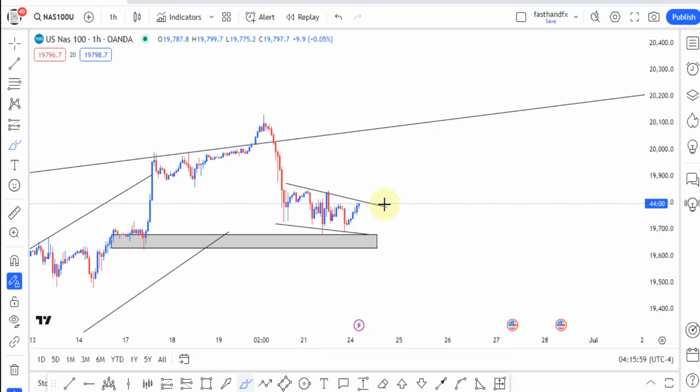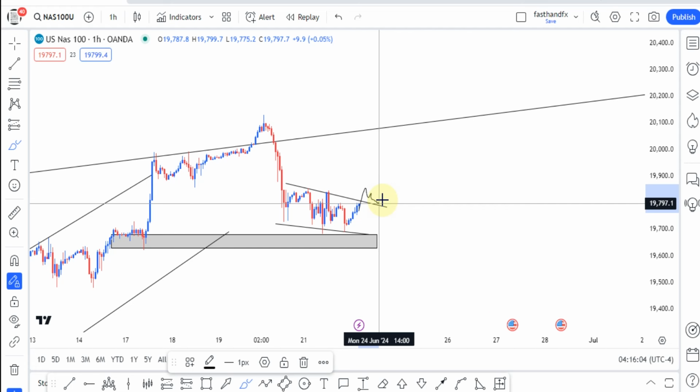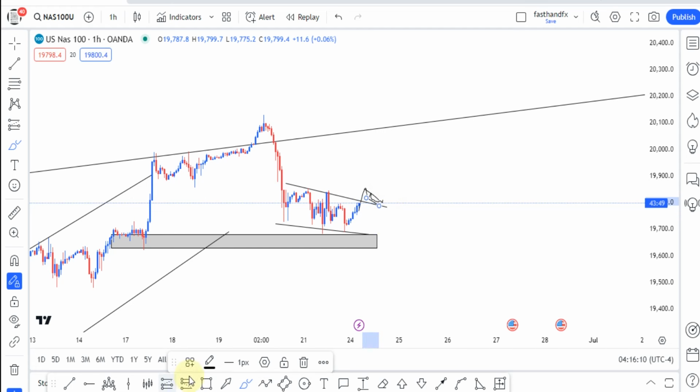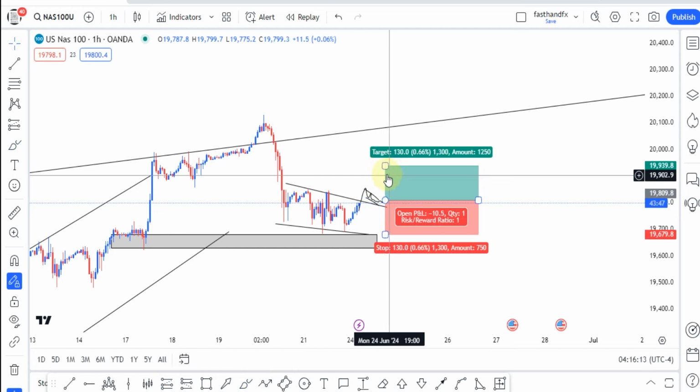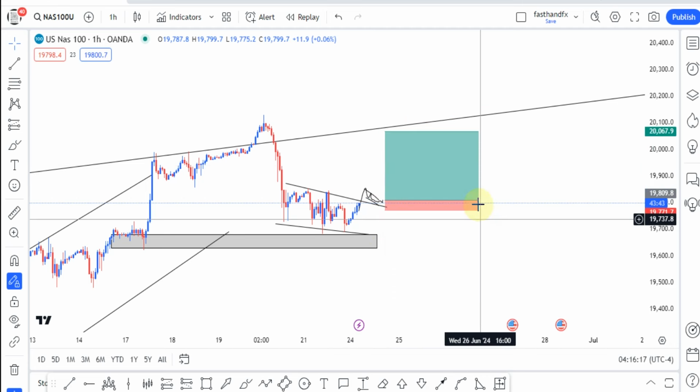Okay, so she might continue breaking right here, then no problem, let it give you this kind of continuation pattern. Now inside this continuation pattern, make sure you see a reversal pattern, a double bottom or an inverse head and shoulder, before you see price maybe going all the way up. So that's it.